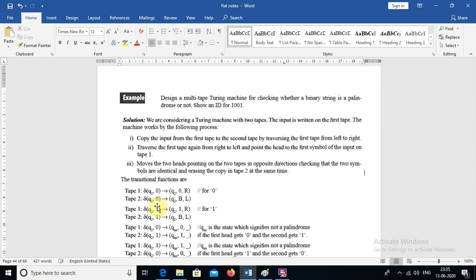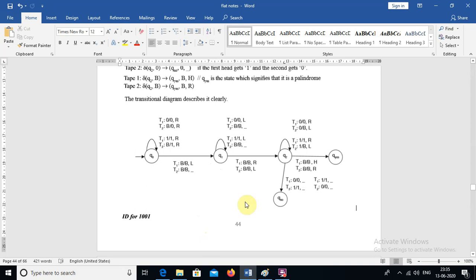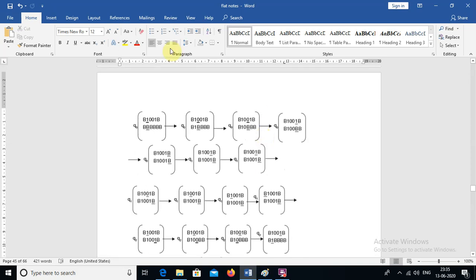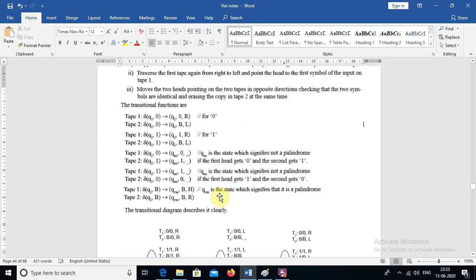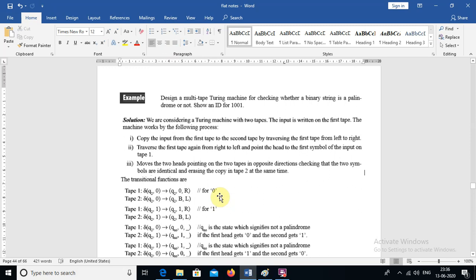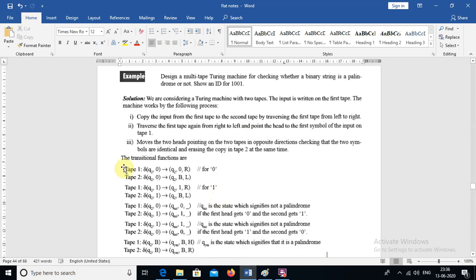Like that we can represent a Turing machine in any way. Here we represented it with transition functions, here we can represent it with the transition diagram, and here we can represent it with the IDs. Okay, so any way you can represent the Turing machine. Okay, so in tape 2, if you find a 0, you can replace it with a blank and move to the left.